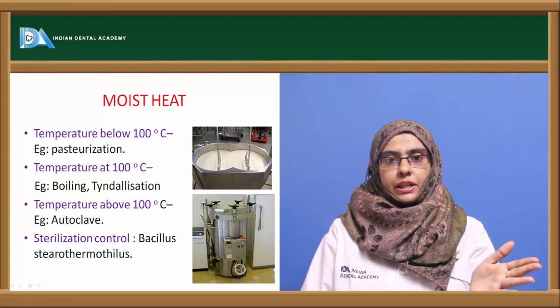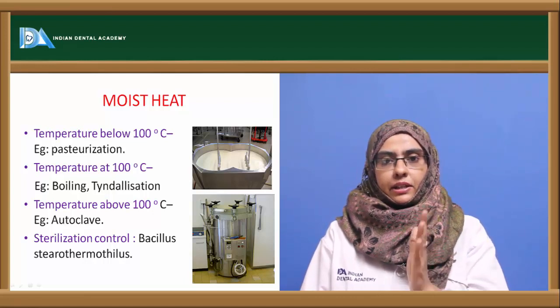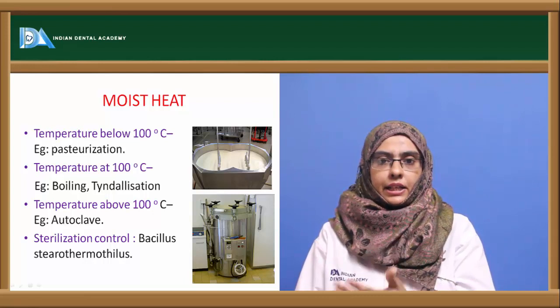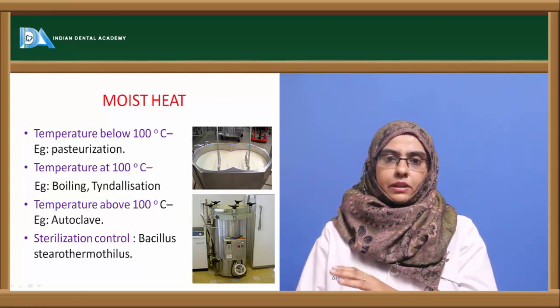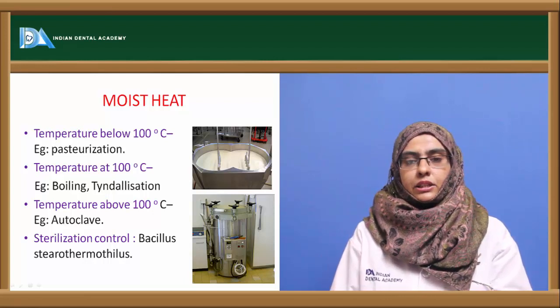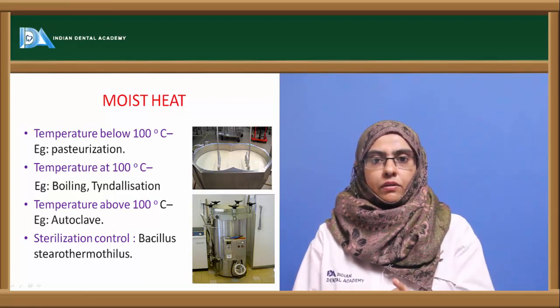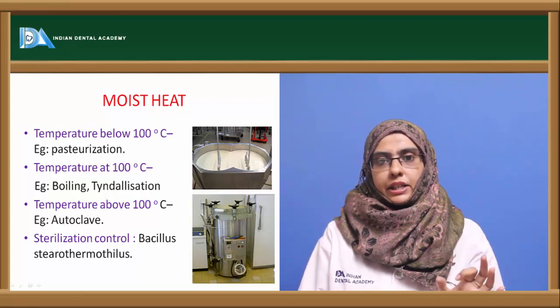At 15 lbs, the temperature of the steam will be around 120 degrees centigrade, and when this steam falls on the microorganism, it gives away its latent heat, increasing the temperature of the organism and thereby killing it. That is what is called steam under pressure: steam at a pressure of 15 lbs and a temperature of around 120 degrees centigrade.